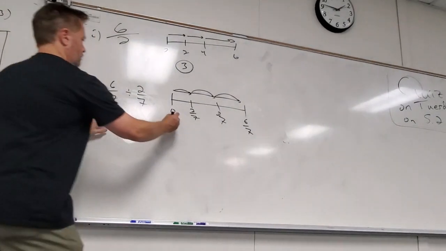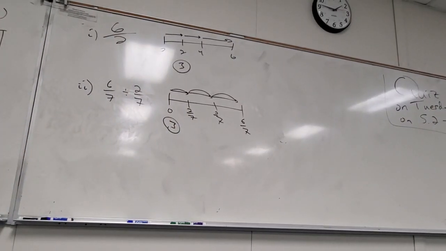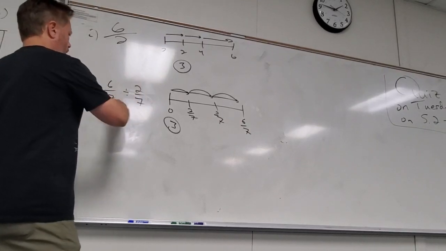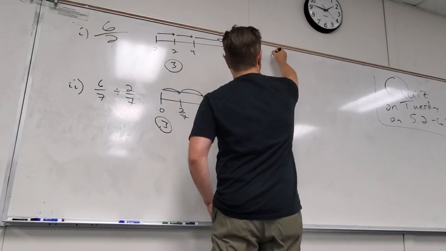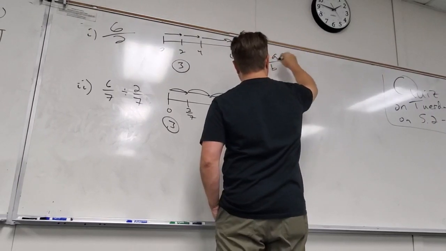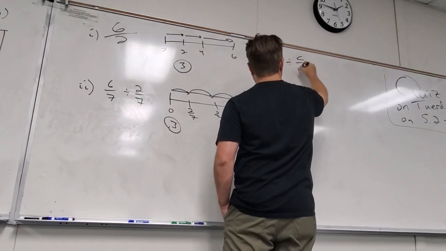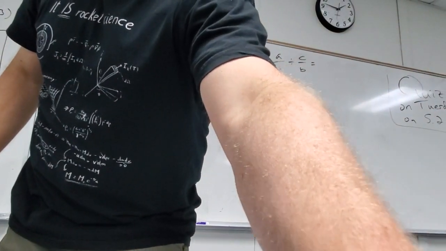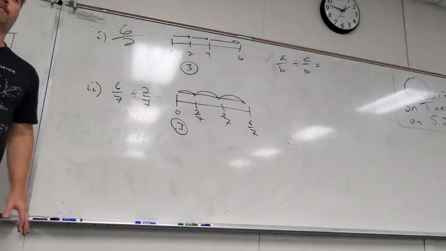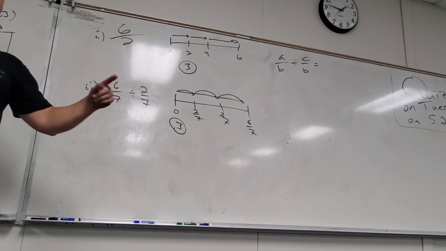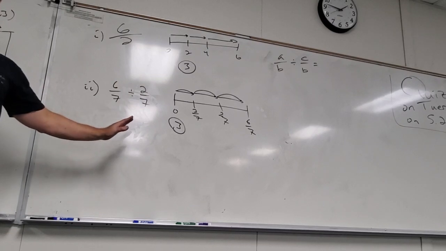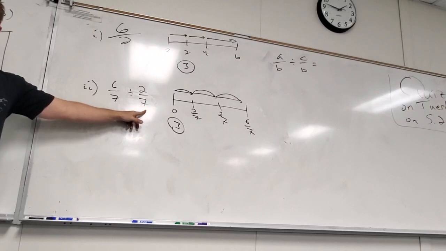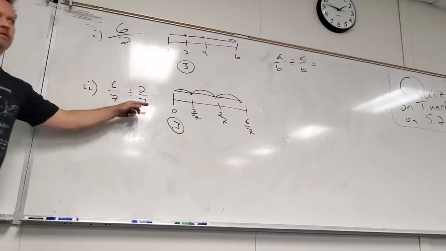So in the special case where the denominators are equal, if I have A over B divided by C over B, who can tell me what the answer would be? A divided by C, right? Isn't that what happened? 6 divided by 2 is 3. The 7 sort of didn't matter.